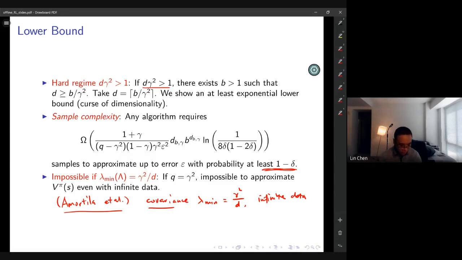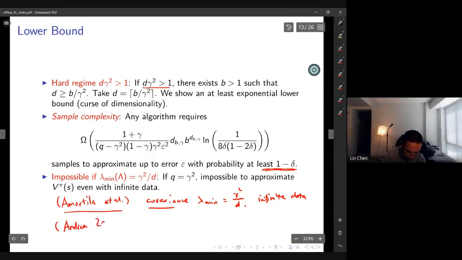And there is another related work here by Andrea Zanette. This paper is a single author paper, and he also derived a lower bound for the infinite horizon policy evaluation problem.